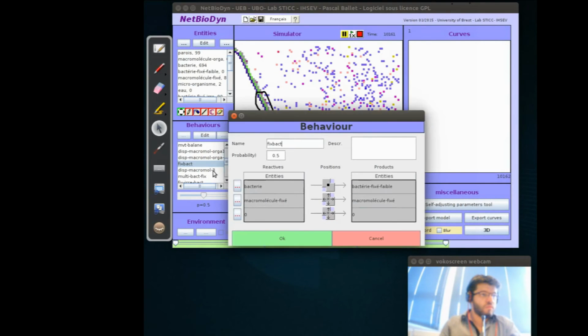The film forming makes possible the bacterium fixation. Fixed bacterium are in gray here. The entity's bacterium interacts with the entity's fixed macromolecule and makes entity's weakly fixed bacterium.